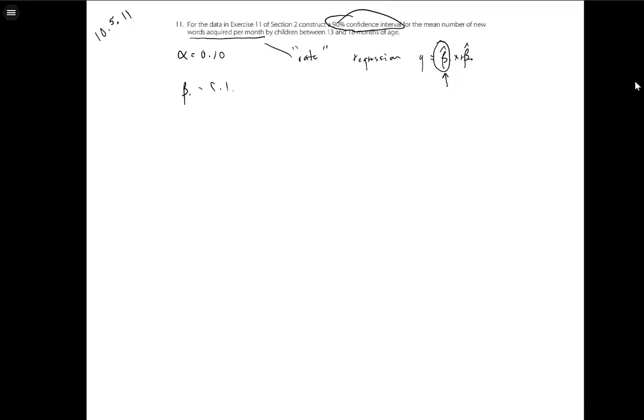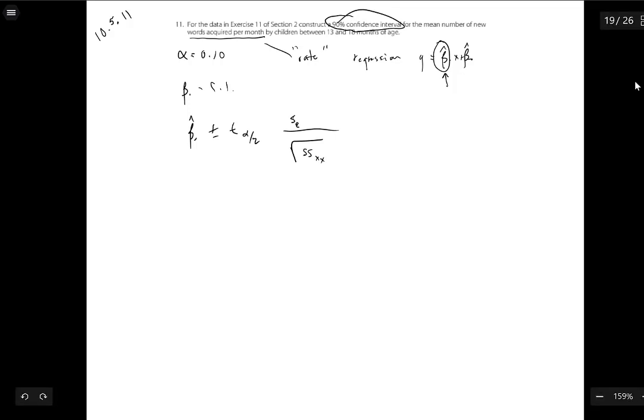So to calculate our confidence interval, we need to understand what our equation is. We had in the section that beta 1 hat is going to be plus or minus t alpha over 2, and we have our s epsilon divided by the square root of the sum of squares of the x's. Let me look again and make sure I've got that right.